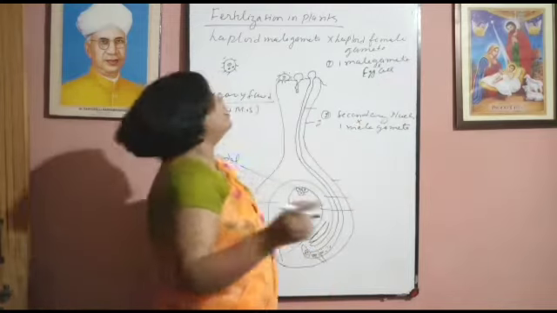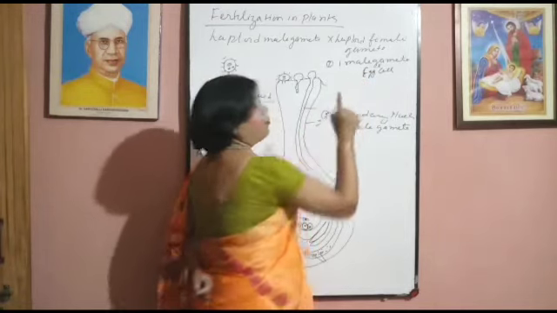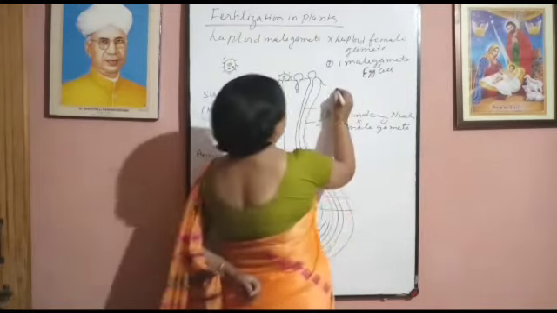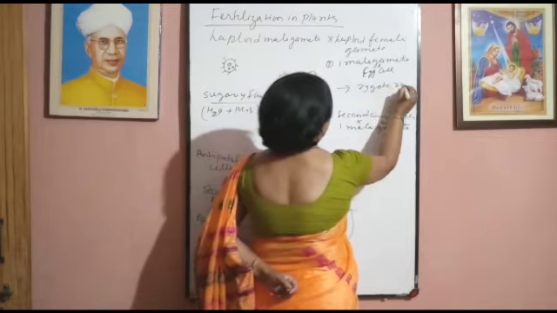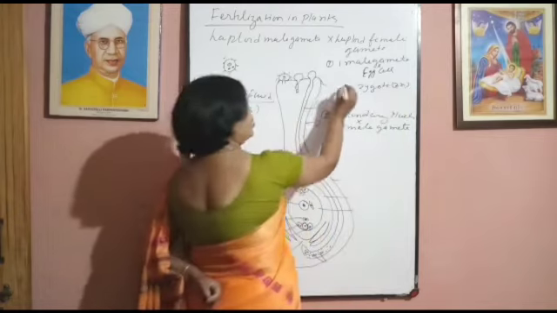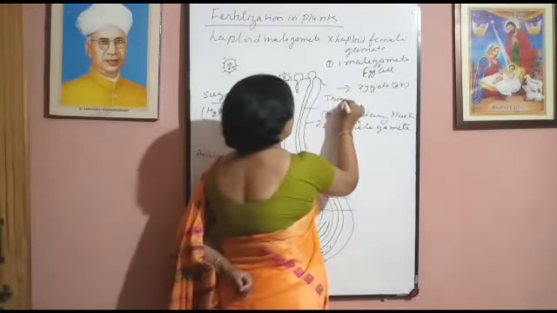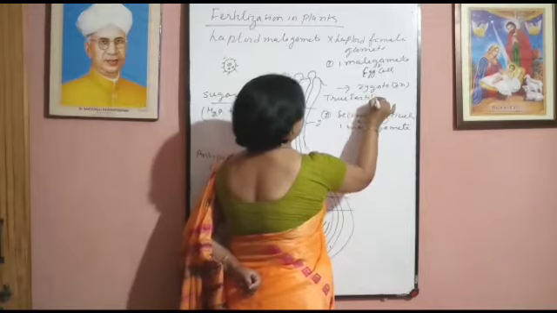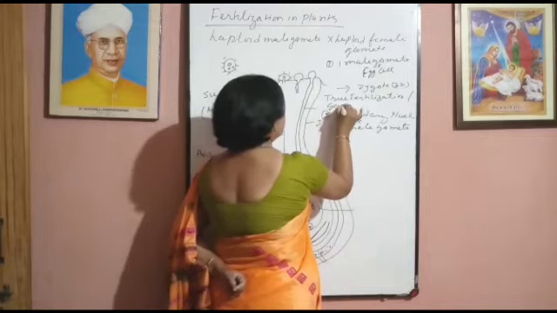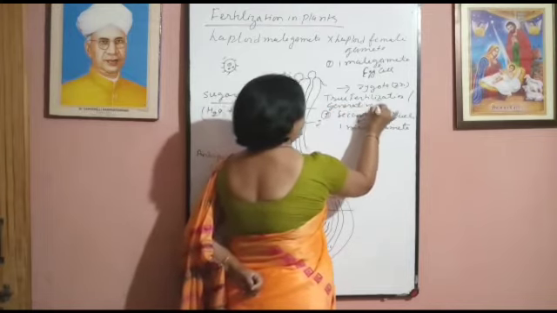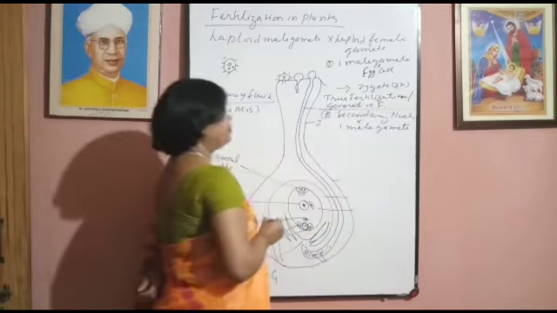So now the male gamete and the egg cell fuse together to form a diploid zygote. And this process of fusion is known as true fertilization or generative fertilization.